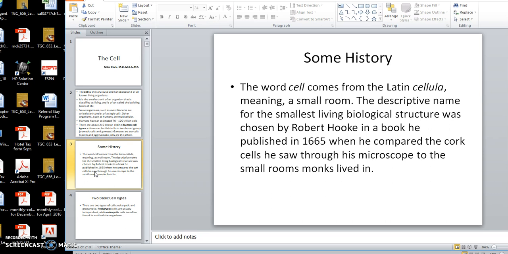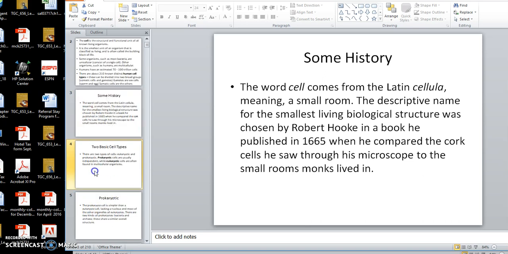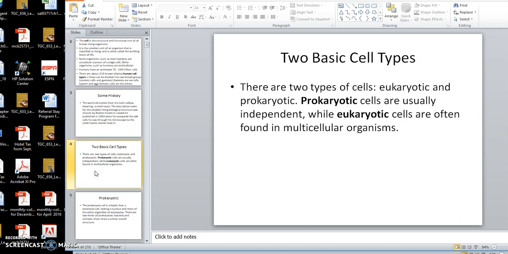You can read on some of the things that historically, as far as cells coming about, and I'm not going to get into that. We'll say that there are two basic kinds of cells, two broad divisions, the prokaryotic and the eukaryotic. Karyon, K-A-R-Y, is an old name for nucleus. So the prokaryotic cells do not have a distinct nucleus.